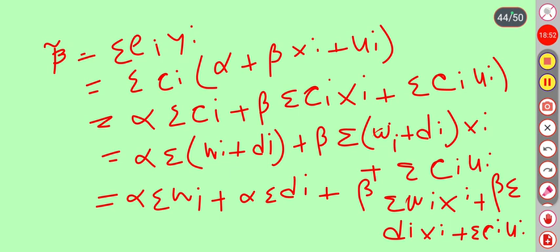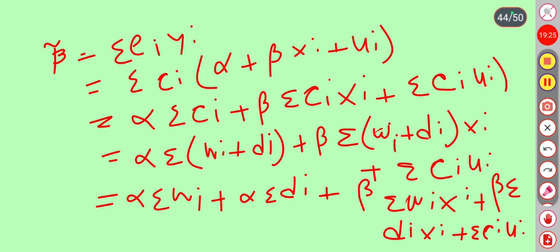So putting the value of ci, we ultimately get alpha summation wi plus alpha summation di plus beta summation di xi plus beta summation wi xi plus summation ci ui.